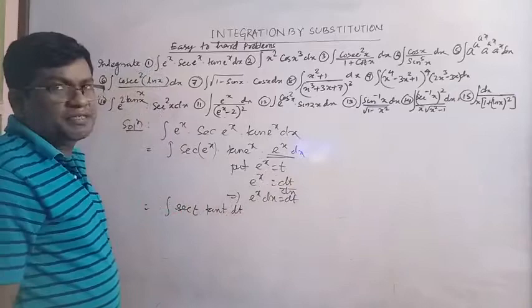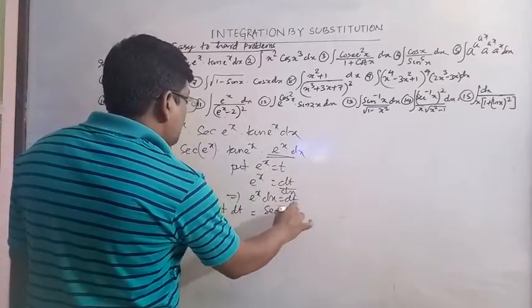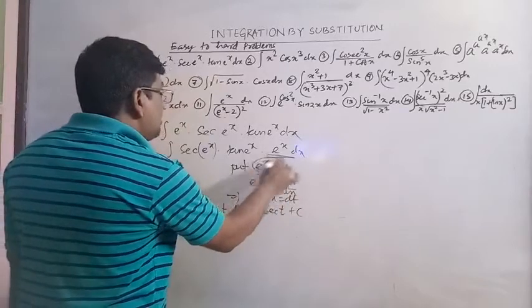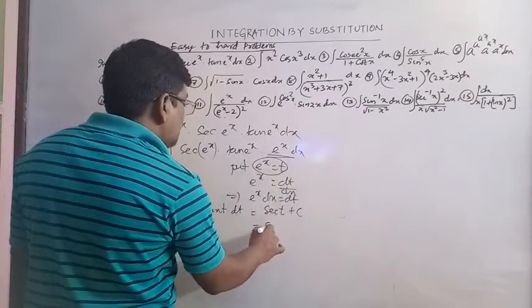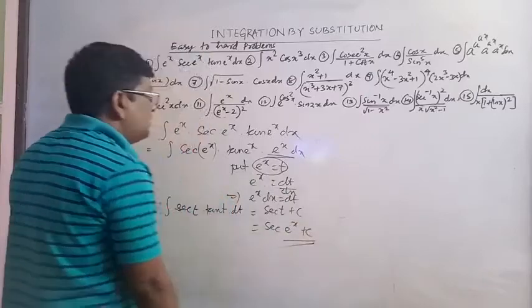What is the integration of sec t tan t? That is sec t plus c. What is t here? e to the x. So sec e to the x plus c is your answer.